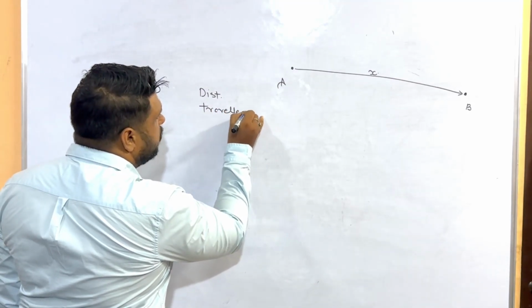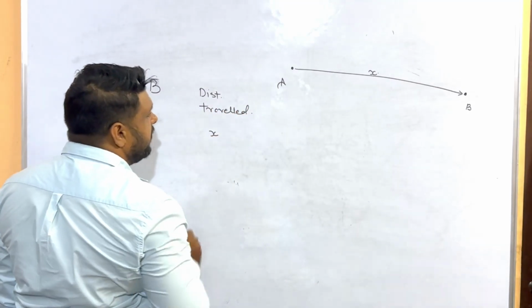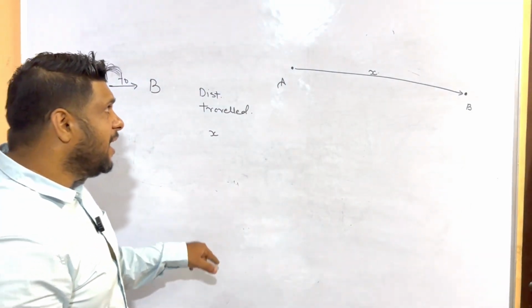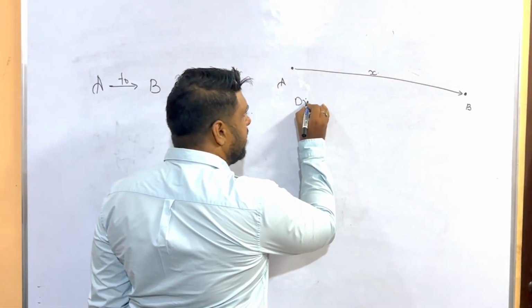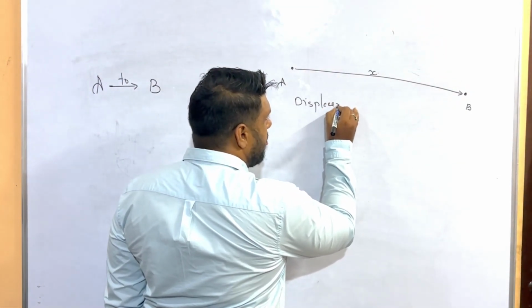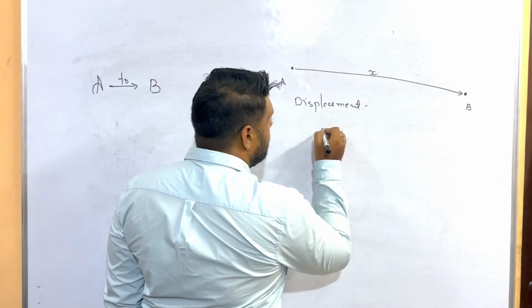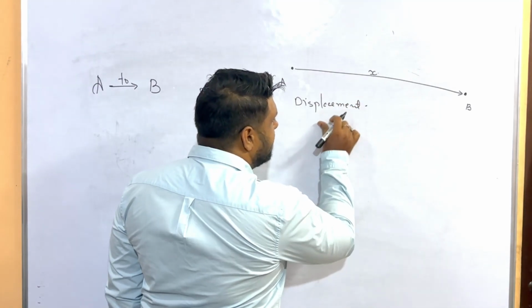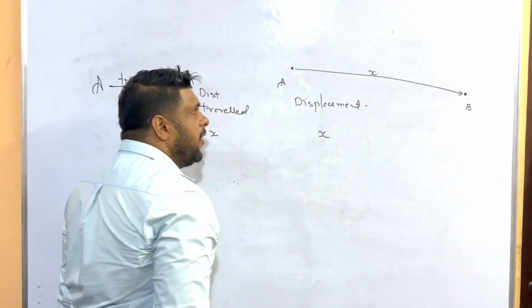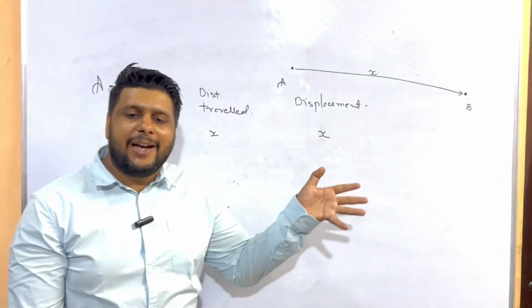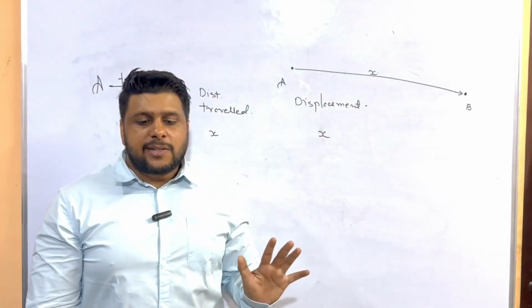All of you will say that distance traveled is x. Now if I ask you what is the displacement, you will also say that it's x because I have drawn it as the shortest path between A and B. So this thing is clear to everyone.